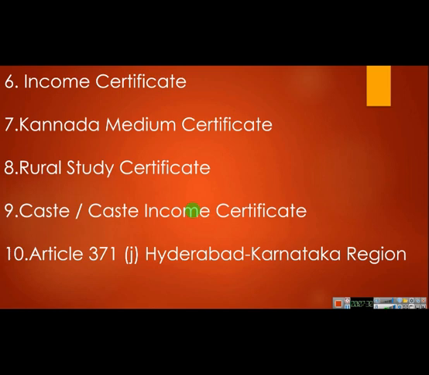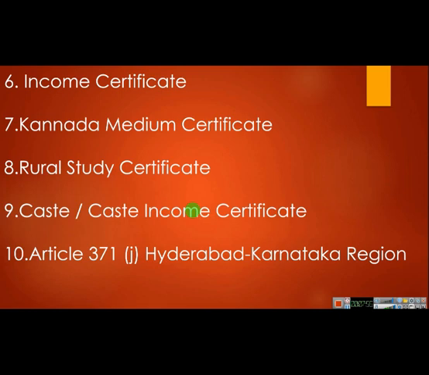The 9th one is your caste certificate, as well as the caste income certificate. The caste certificate covers categories like 3A, 3B, SC, ST, and all these are caste certificates. So you need to get this caste certificate. The next one is Article 371, Hyderabad Karnataka region.